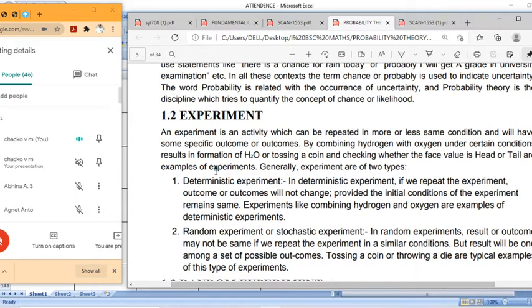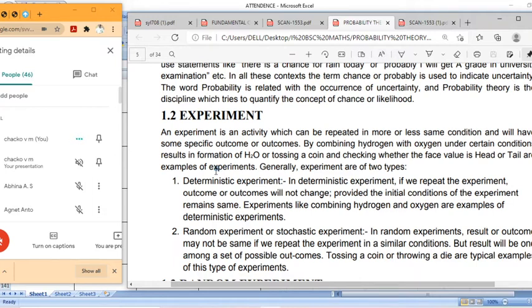And moreover, in a random experiment, you know the possible values in advance. For example, in a coin tossing experiment, you can say that either head or tail will come. In a die tossing experiment, you can say that any one of 1, 2, 3, 4, 5, 6 will result in the particular toss.